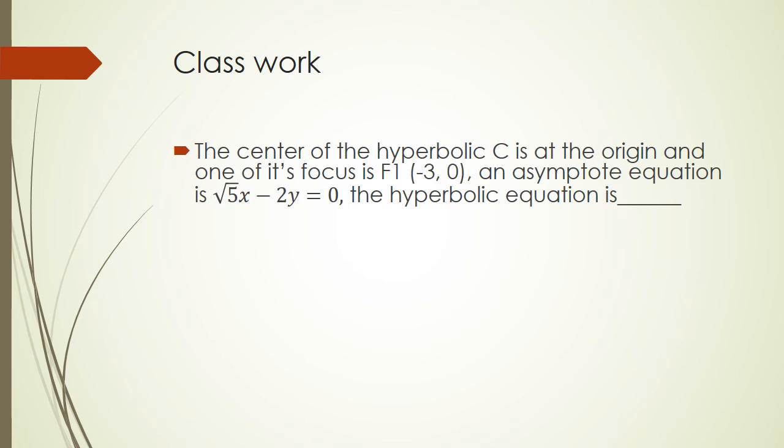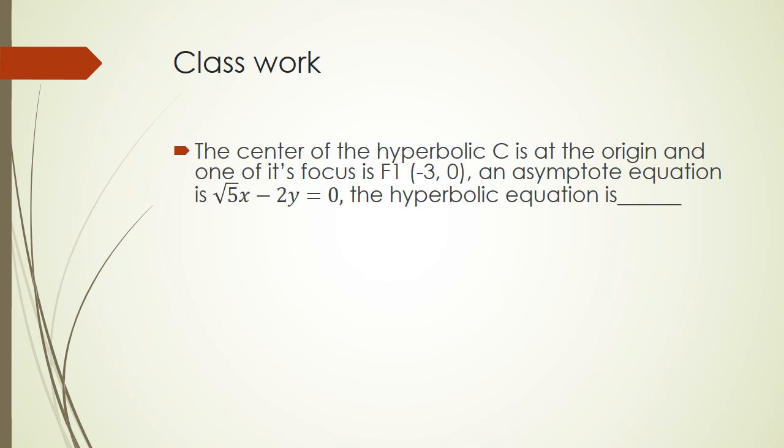Here is the classwork of hyperbolic. Question 1. The center of the hyperbolic C is at the origin, and one of its focus is F1, negative 3, 0. An asymptote equation is the square root of 5 x minus 2y equals 0.